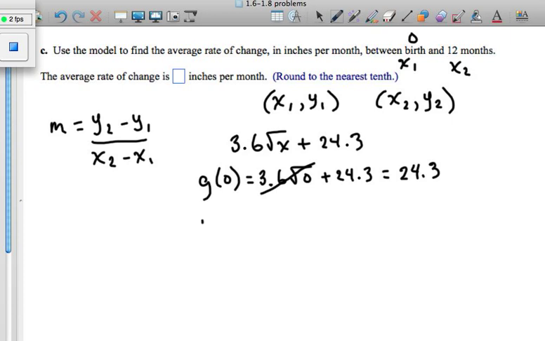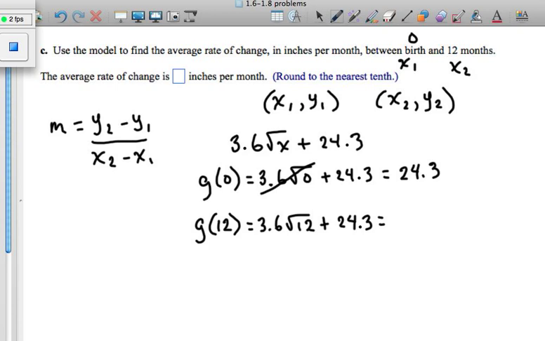In order to get y2, I have to plug in this number 12. So g of 12, and that's going to be 3.6 times radical 12 plus 24.3.